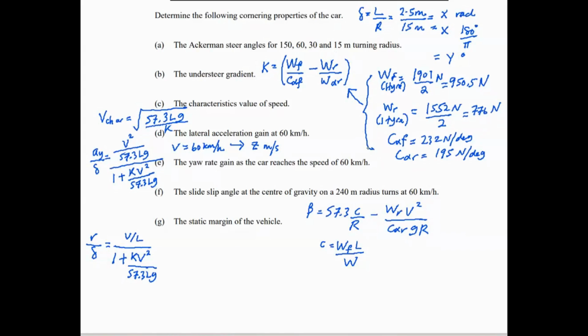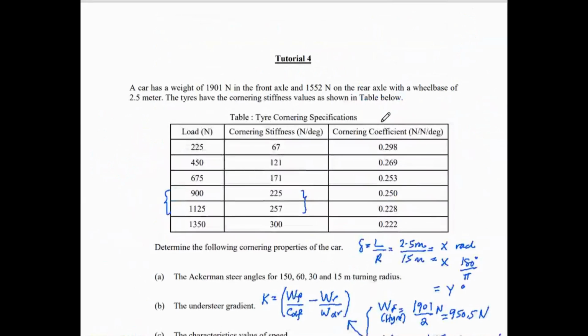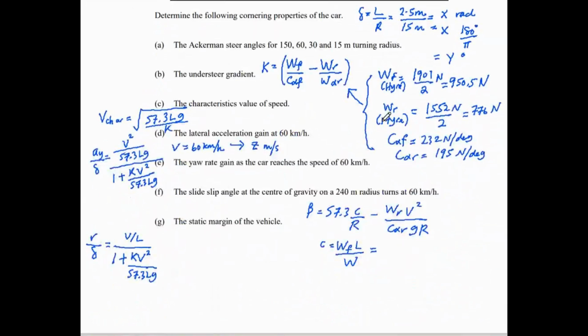So WF is the front axle weight, which is 1,901 Newton, times wheelbase 2.5 meter over the vehicle weight.